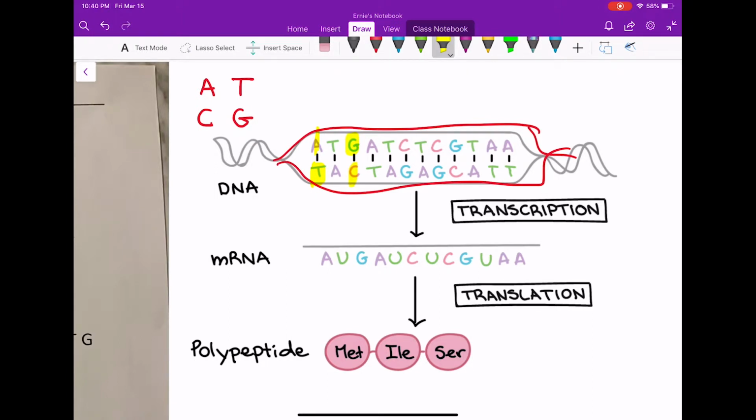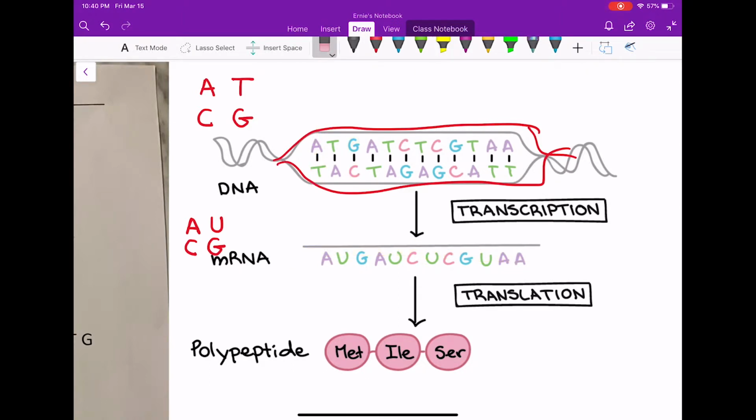Simple. That's what happens in DNA. Now, in mRNA, we have the nucleotides A, U, C, and G, right? And remember that RNA is single-stranded, right?